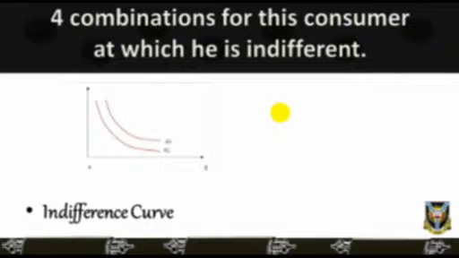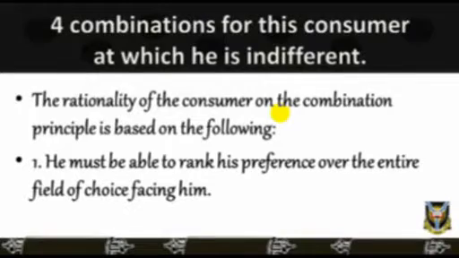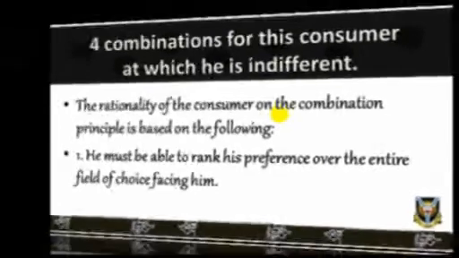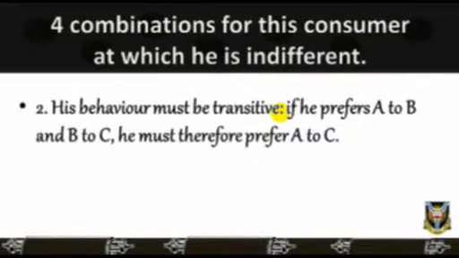It should be noted that the rationality of the consumer on the combination principle is based on the following. 1. He must be able to rank his preference over the entire field of choice facing him. 2. His behavior must be transitive. If he prefers A to B and B to C, he must therefore prefer A to C. 3.